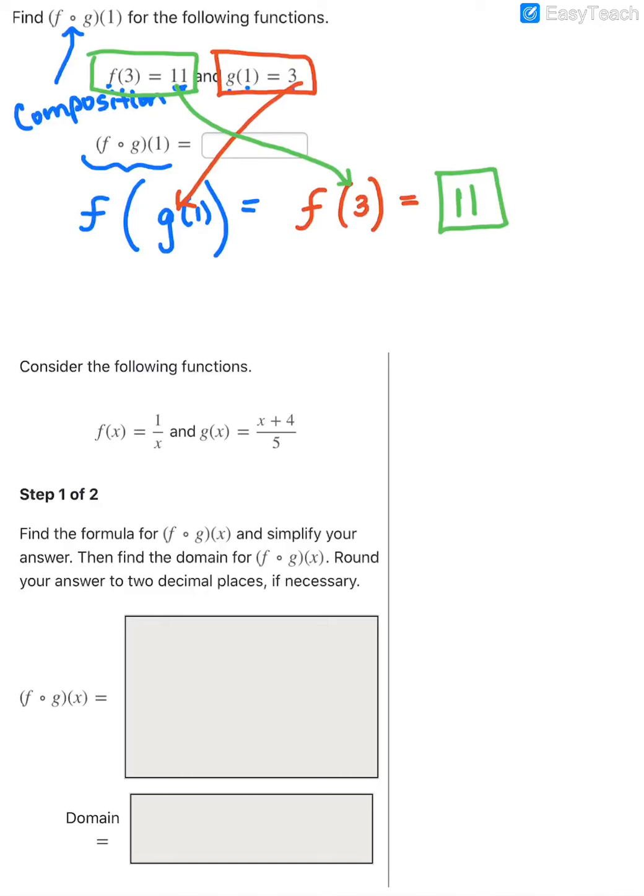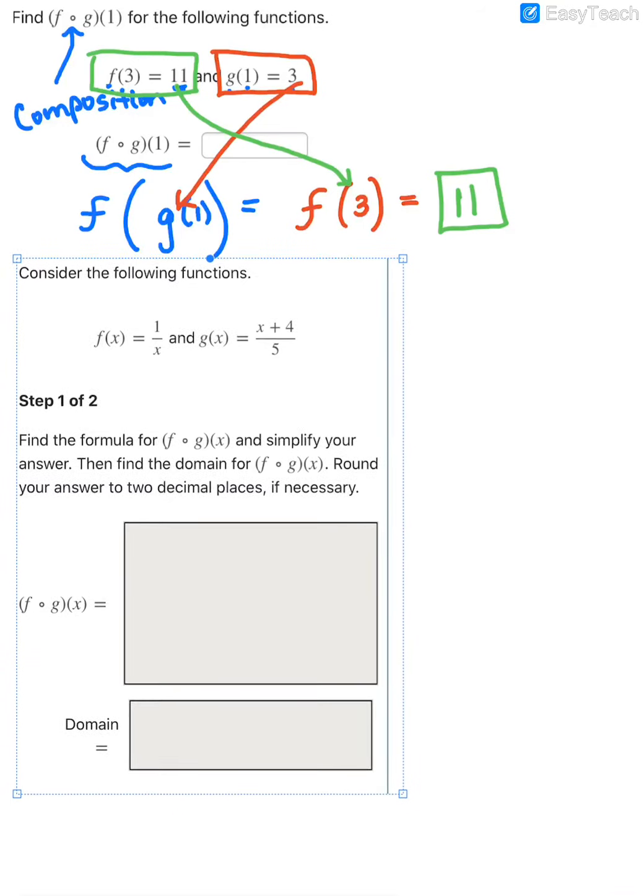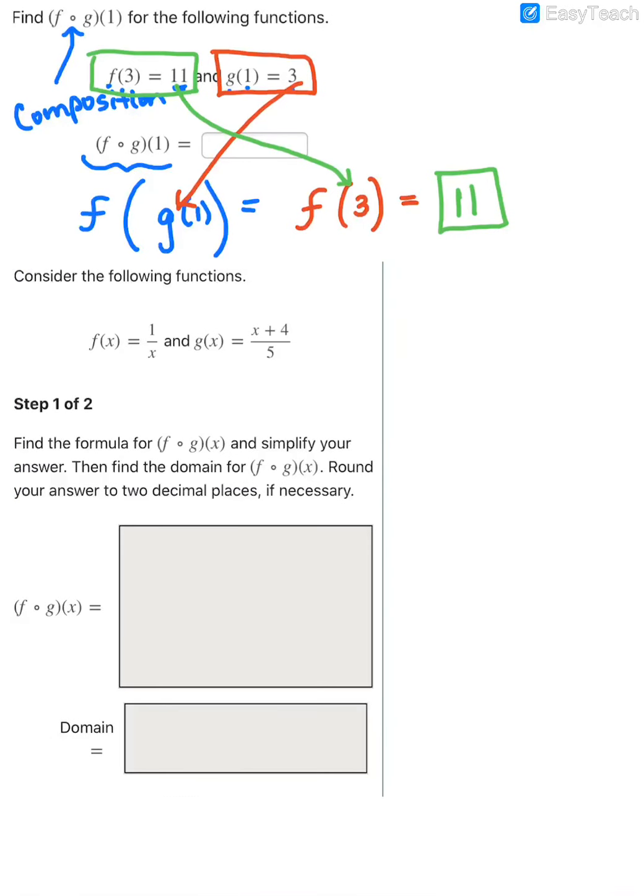Now, on the second type of problem, they're not giving us actual values. They are giving us functions in terms of our x's. And so when we have f composed with g, again, we can think of it as f of the g of x. So in other words, we're going to take function f, and function f has this rule where it has 1 over x.